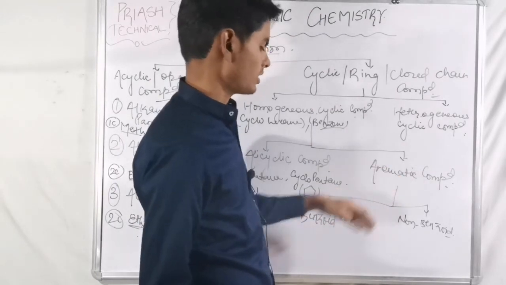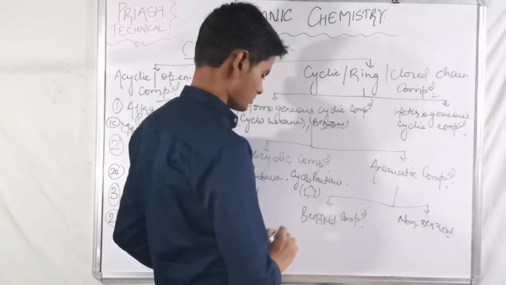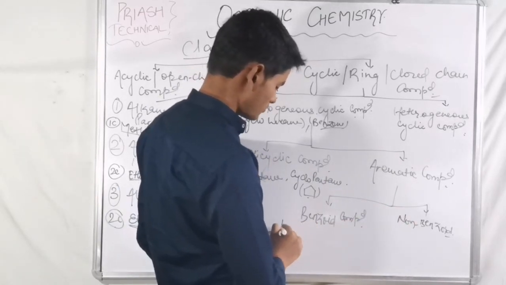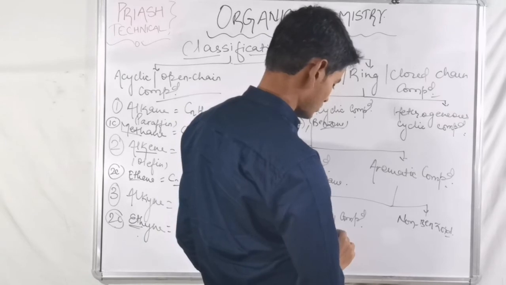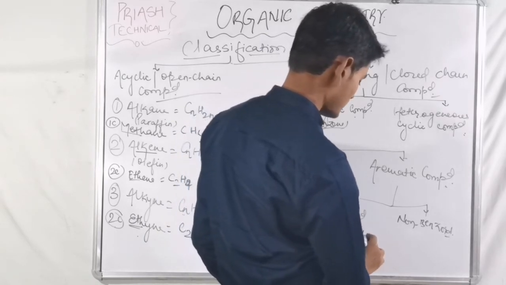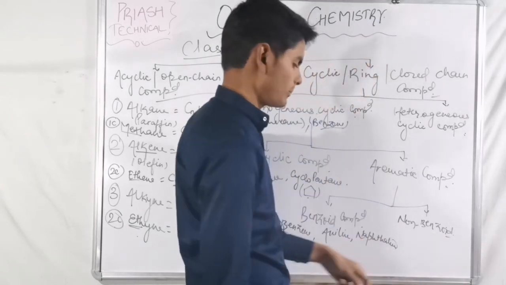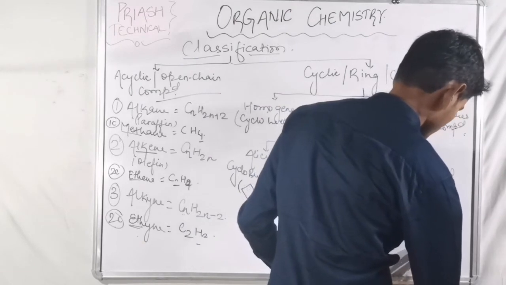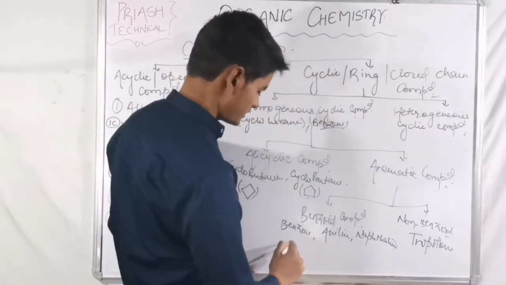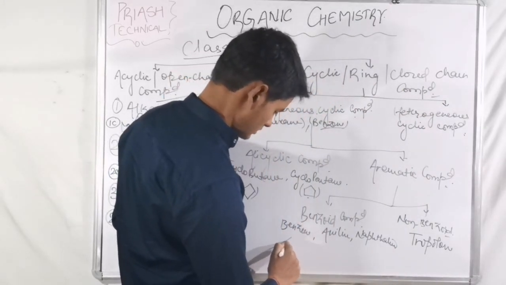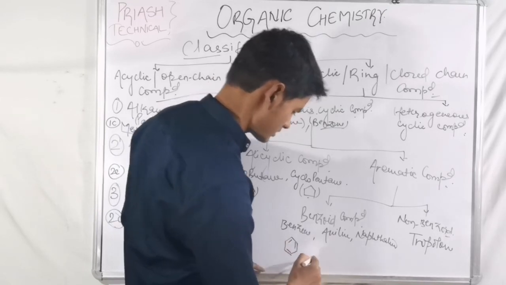Now we will divide aromatic compounds into benzenoid and non-benzenoid compounds. Examples of benzenoid compounds are benzene, aniline, naphthalene. Non-benzenoid example is tropolone. The structure of benzene is like this.